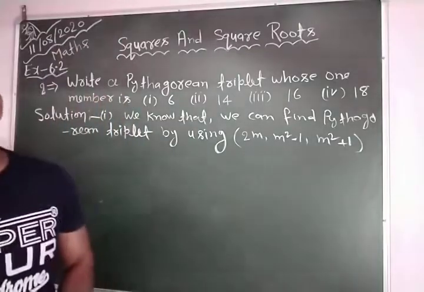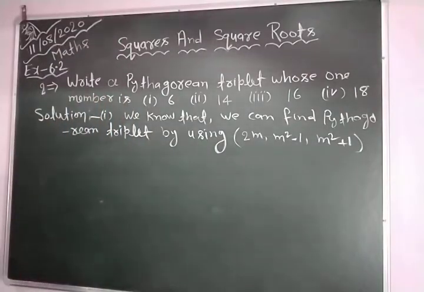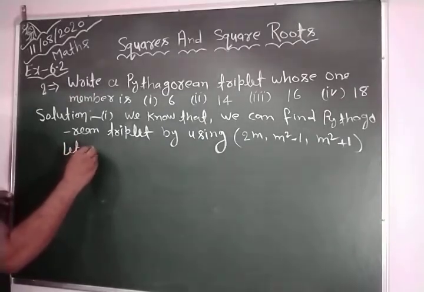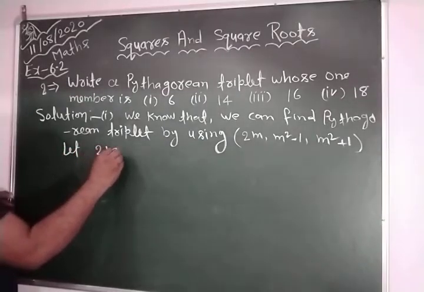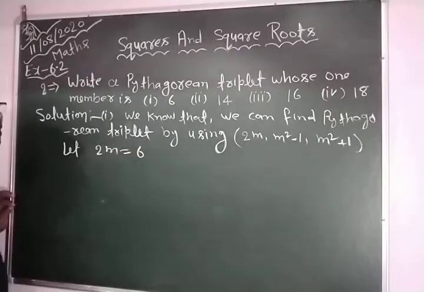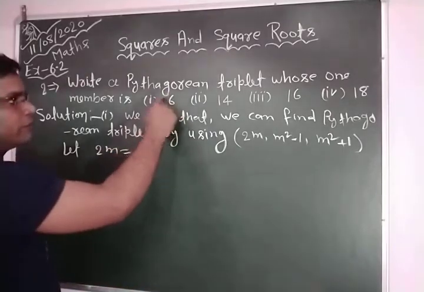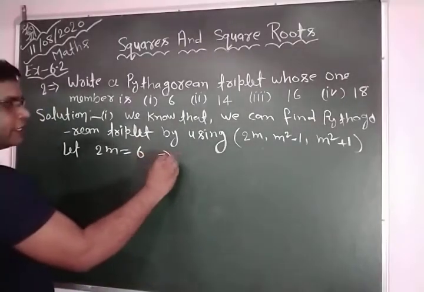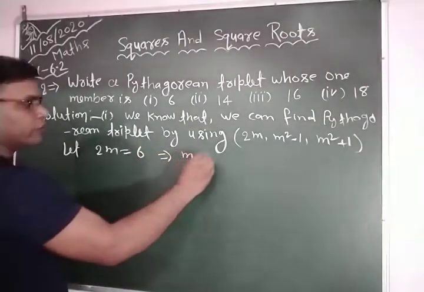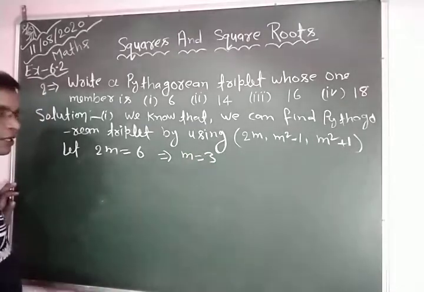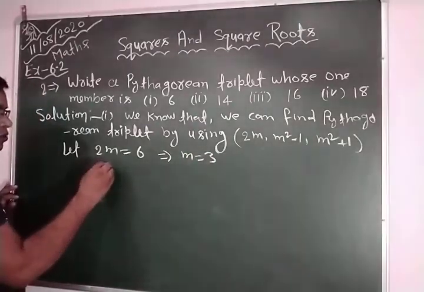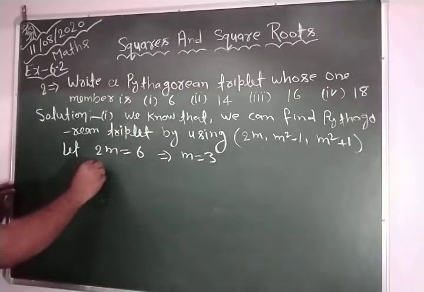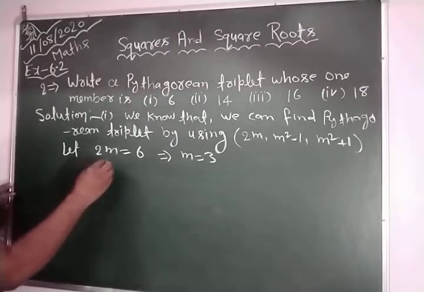Okay, so let's see. Let 2m is equal to 6, because this is one member of this Pythagorean triplet. So this implies that m is equal to 3. Clear? Now after this we find here m square minus 1.